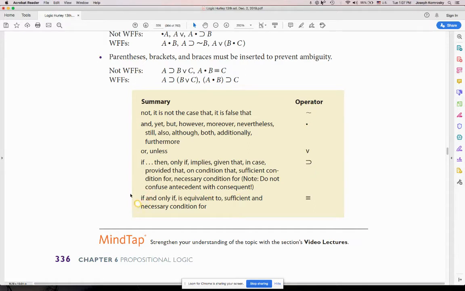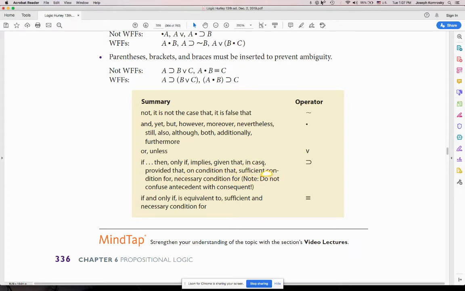Whenever you see if and only if together, triple bar. Whenever you see is equivalent to, triple bar. Whenever you see sufficient and necessary for, meaning they're both together, triple bar. Notice up here on the horseshoe symbol, we actually see necessary condition and sufficient condition.